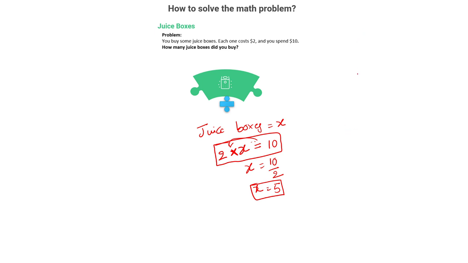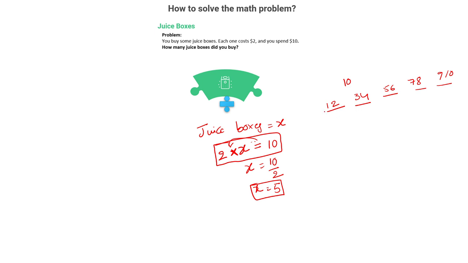So let's take it randomly. 10, how many parts can I divide it into? Let's assume I divide it into 2 parts. So it will become 1, 2, 3, 4, 5, 6, 7, 8, 9, 10. So this is one part, second part, third part, fourth part, fifth part.